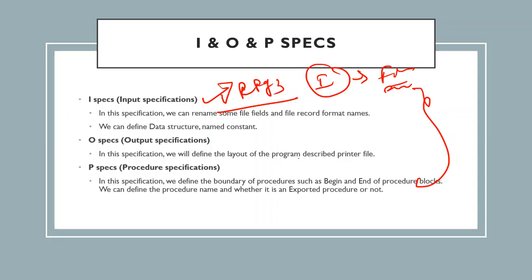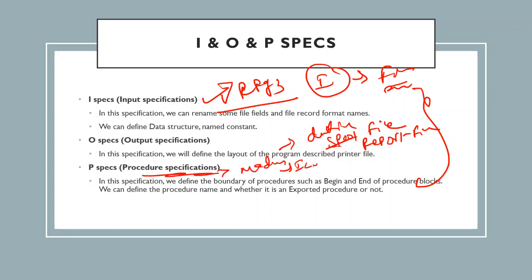The O specification basically defines a spool file or report file in the program itself. Then P is for procedures. This comes under module concepts and ILE concepts that we will discuss. The P spec we will discuss when we cover the ILE concepts. As of now, you have to understand that the H spec is control.